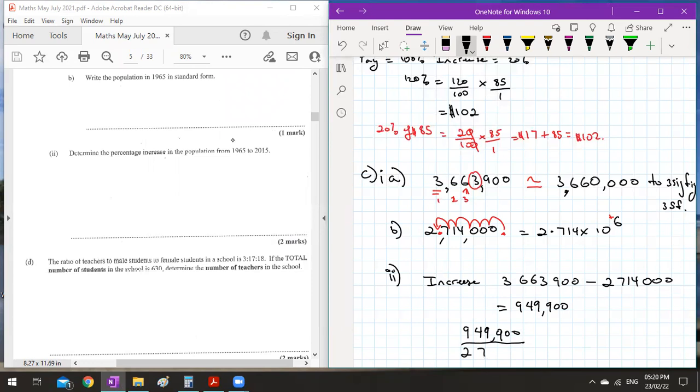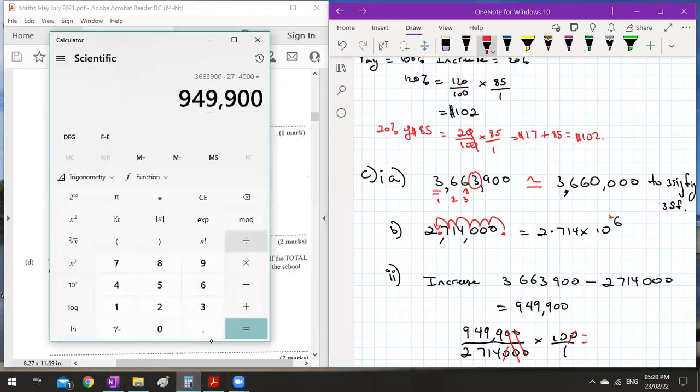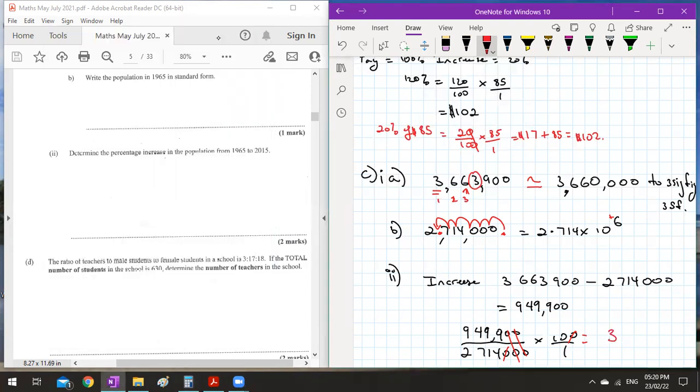So 2,714,000, times 100 over 1. Now, simple maths, put some zeros here, or we could just use the calculator. So we have this amount, divide by 2714000, and multiply by 100 to get 35% increase.